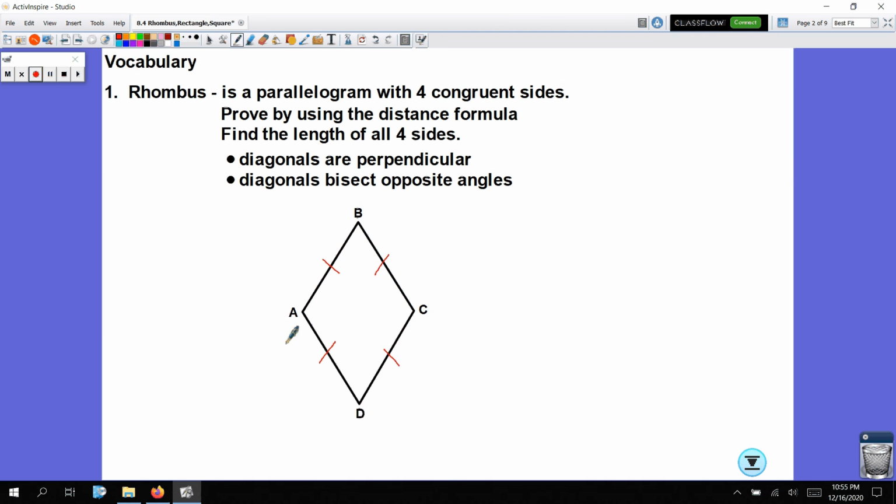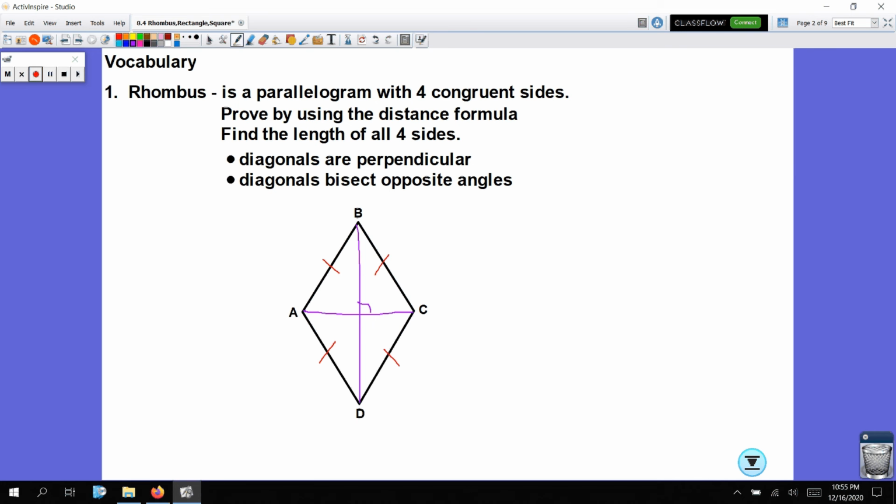Another fact about a rhombus is the diagonals are perpendicular. So if I draw my diagonals here, that means the slopes are reciprocal opposites. They are perpendicular. And the diagonals bisect opposite angles. That means they split the angles in half equally, okay?